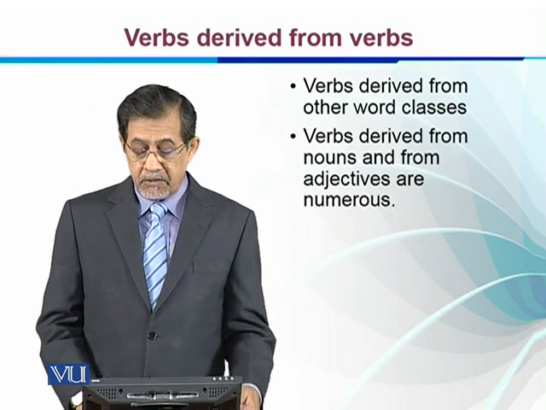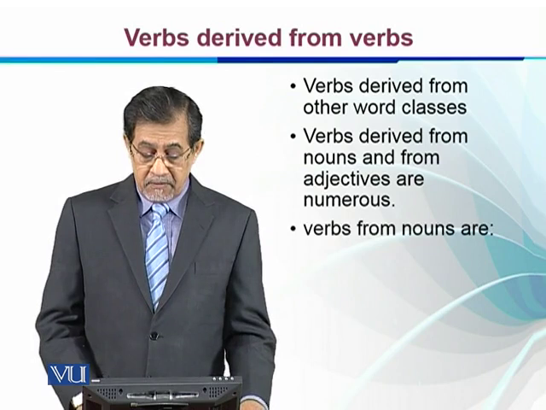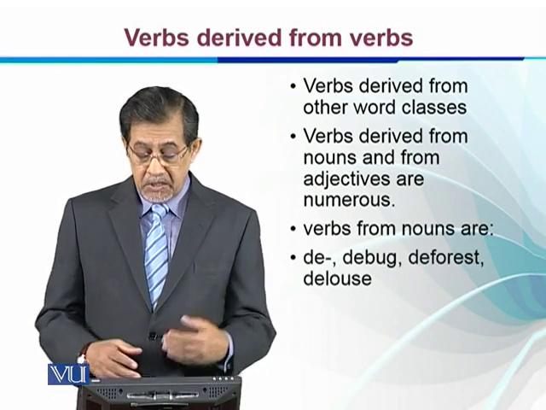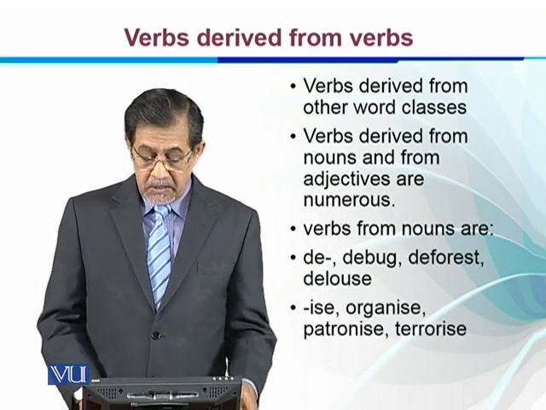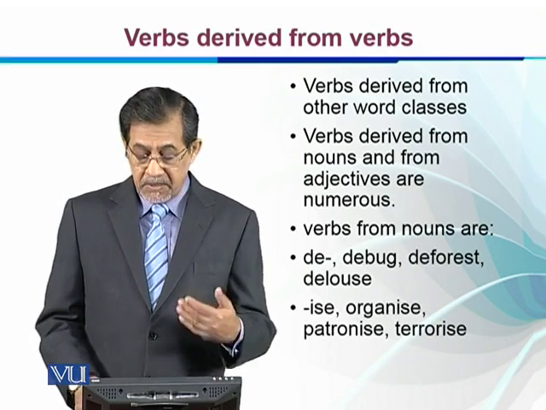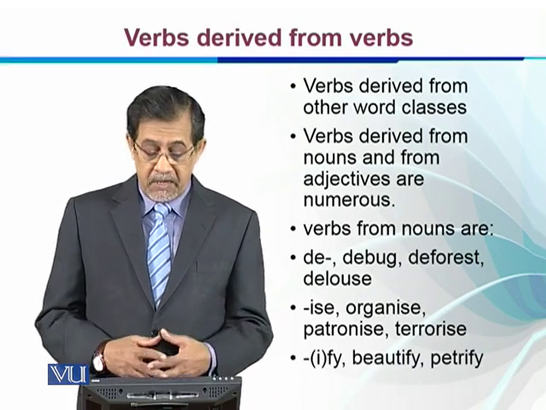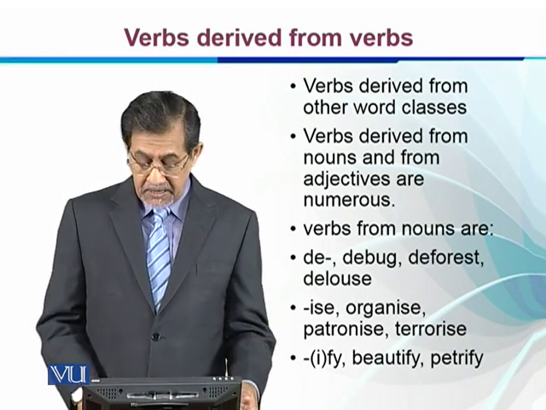Verbs derived from nouns and from adjectives are numerous. Verbs from nouns are, for example, debug, defrost, and delouse. Organize from organ, patron, patronize, and terror, terrorize. Or we have beauty, beautify, petrify.